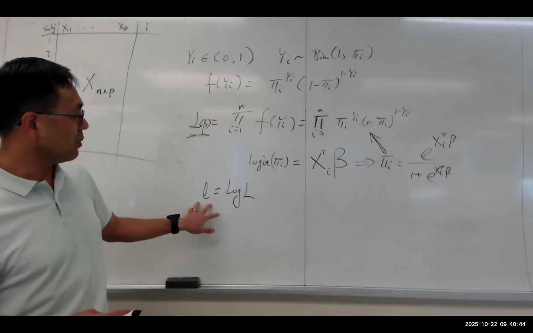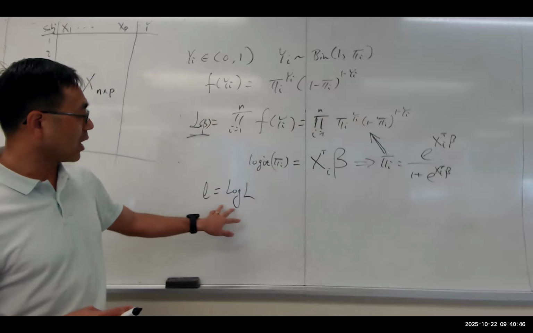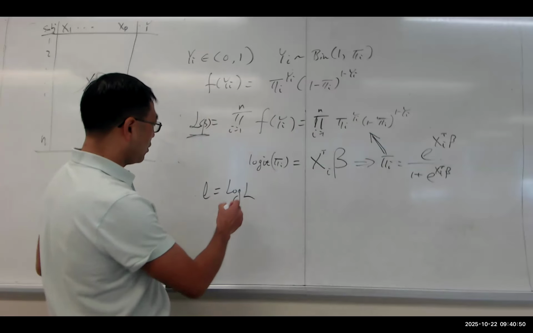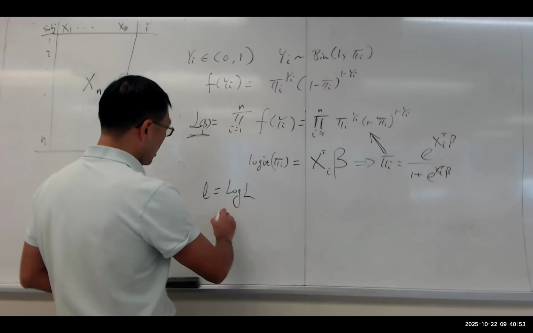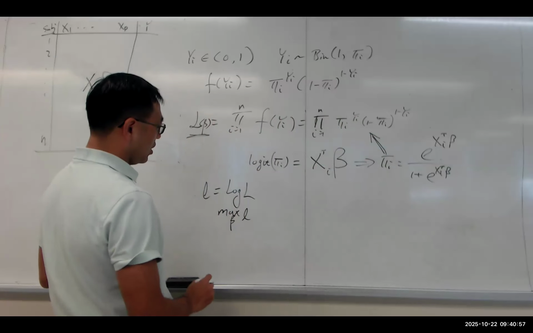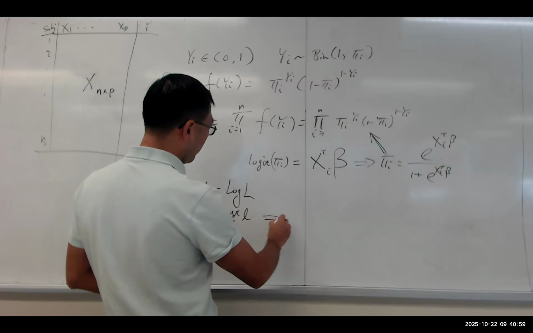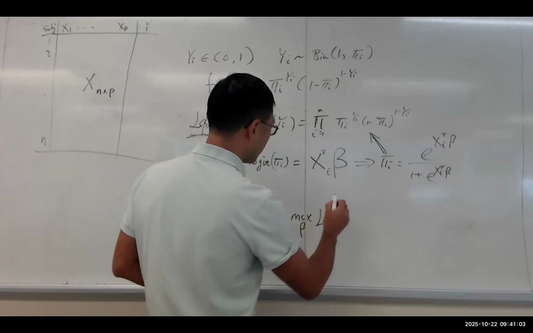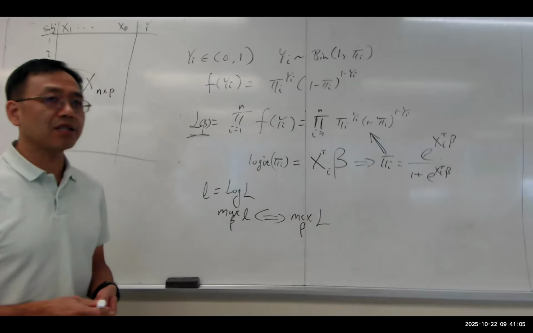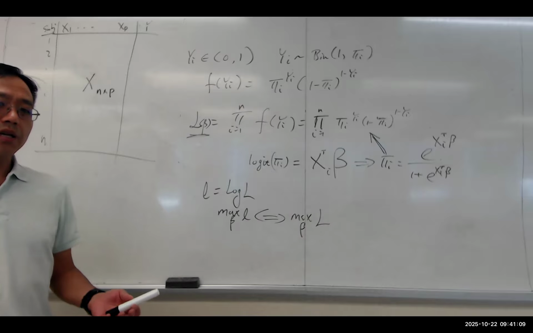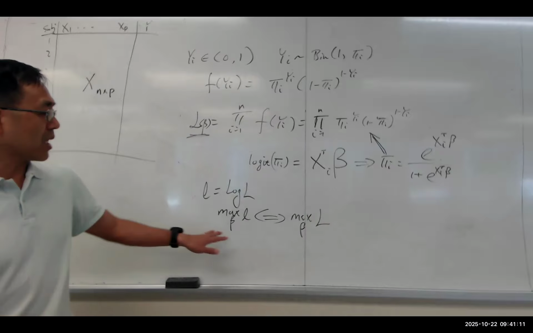So therefore, in practice what we do is take the log of the likelihood. This is the log likelihood, using small l. Maximizing the log likelihood is equivalent to maximizing the likelihood function with respect to beta, because the log function is monotone increasing, so it doesn't change the maximum point.